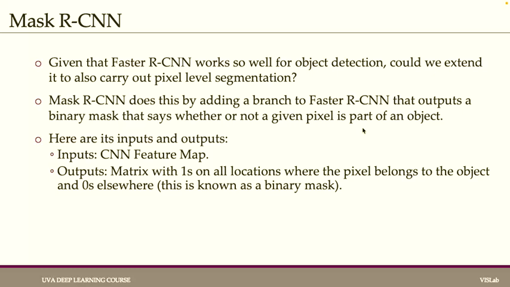And as you might have realized, this now needs a new set of training data, right? Our previous training data simply had to have boxes around objects. Now, in order to train this with ones and zeros, our training data needs to actually have it colored in, so that these pixels all belong to a human, and these pixels, for example, belong to the background.